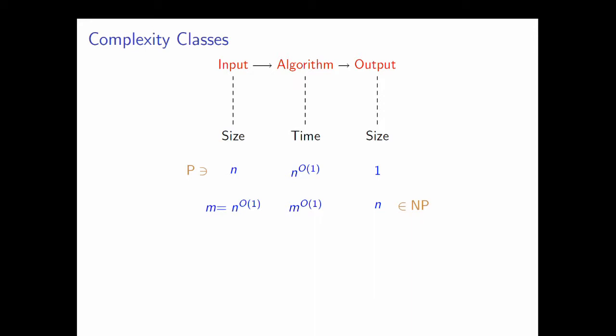So what we do is we're now looking at our output. And our output will be of size n. Our input will be of size m, and our algorithm will also run in time that is polynomial in the size of the input.